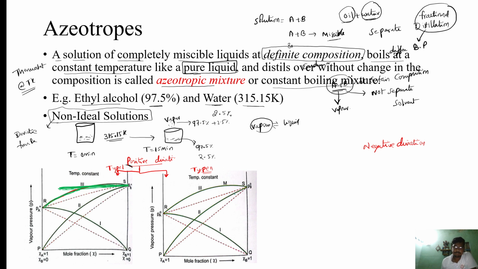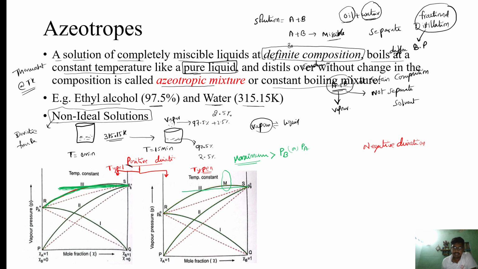Whereas in the type 2 case, there occurs a certain point, this point, where the vapor pressure of the mixture will be maximum. Maximum means it will be greater than the partial pressure of either individual component, B or A. See here, the pure vapor pressure of component B is around this value.